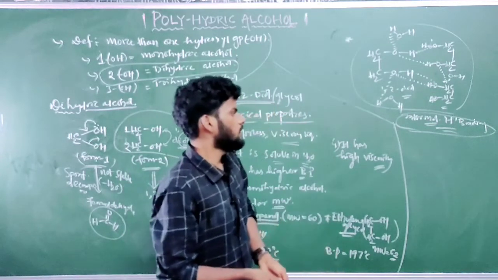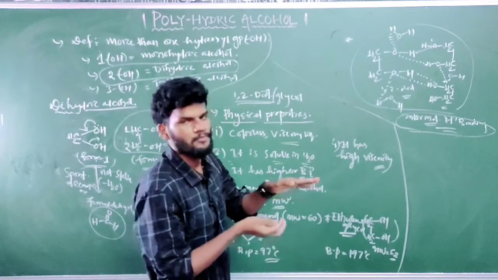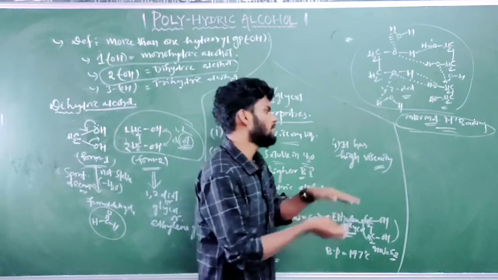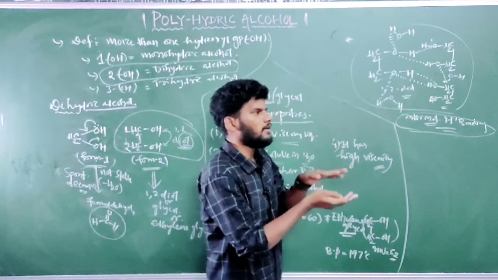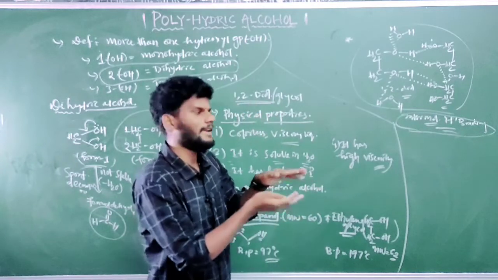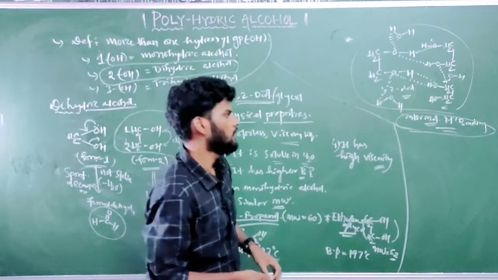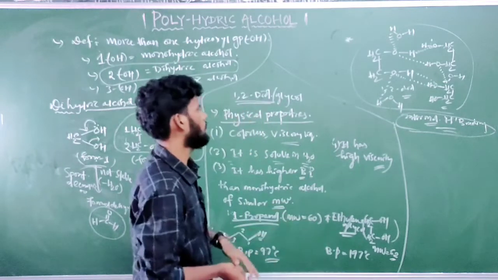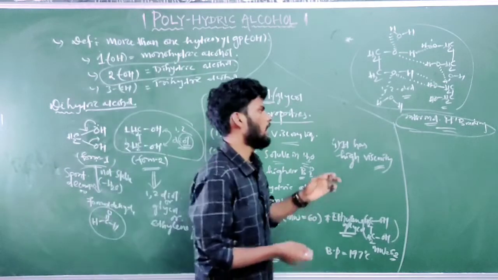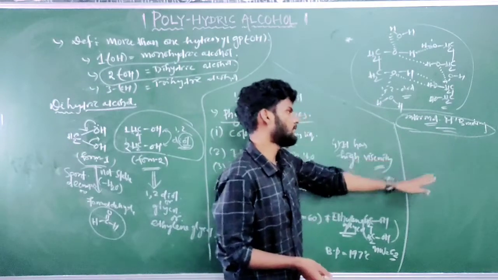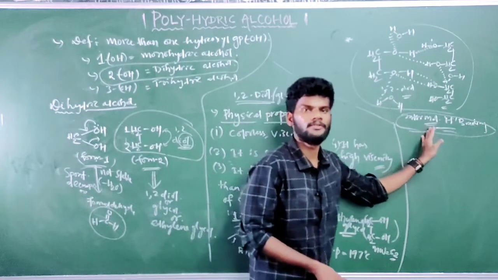If there is hydrogen bonding between the two liquid layers, then the layers cannot move freely relative to each other. That is why it has high viscosity. So these are the 4 physical properties of 1,2-diol, and the reason behind all of them is intermolecular hydrogen bonding.